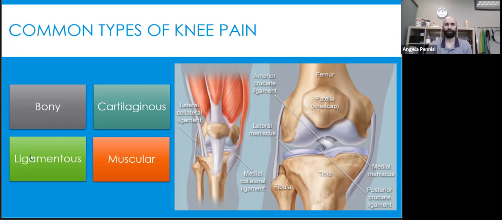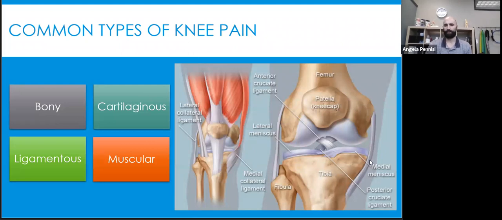Other than the cartilage, we have ligaments. So you have, I think probably most commonly known, the ACL. We also have the PCL. So the ACL is the crossing X ligament here in front. The PCL is behind it. They both limit forward and backward translation of the tibia on the femur.